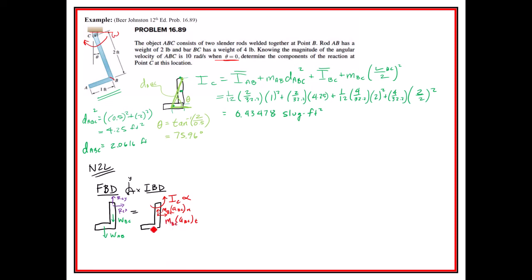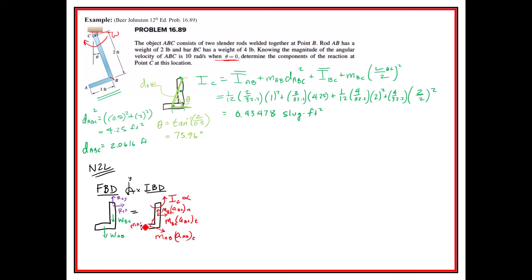And then we also have the acceleration of this point, and it's best for us to align it so it is actually pointing in the direction of its acceleration. So that's the mass of AB times the acceleration of AB in the tangential, and then it's going to be hard to fit it in here.